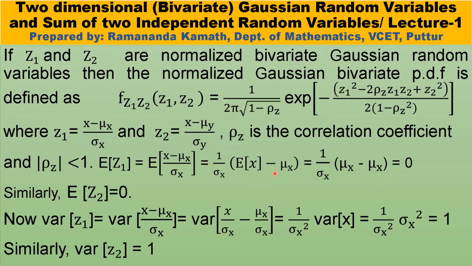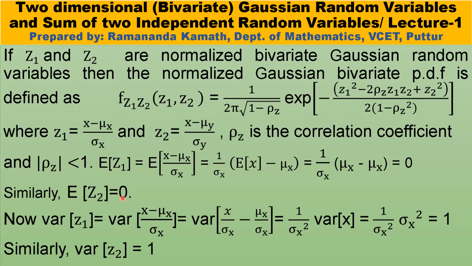And expectation of x is nothing but the mean of x, denoted as mu_x. So mu_x minus mu_x means 0. So this becomes 1 by sigma_x into (mu_x minus mu_x), which is 1 by sigma_x into 0, equal to 0. Similarly, Z2 is the normalized Gaussian random variable of y, so expectation of Z2, similar to expectation of Z1, will be equal to 0.